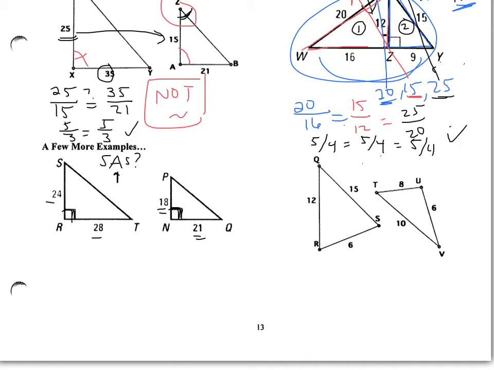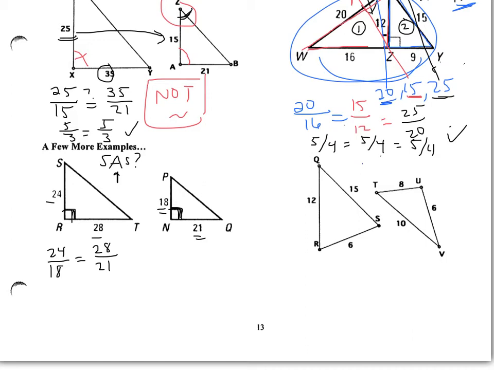Now I have to check if my sides are proportional. My first triangle has sides of 24 and 28. Now 24 is the smallest side, so that's going to go with 18, the smaller side on the second triangle. 28 is the larger side, so that's going to go with 21, the larger side.